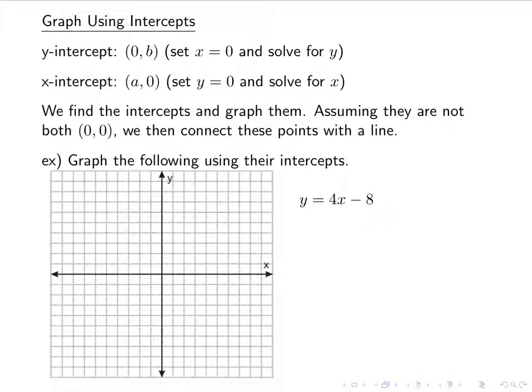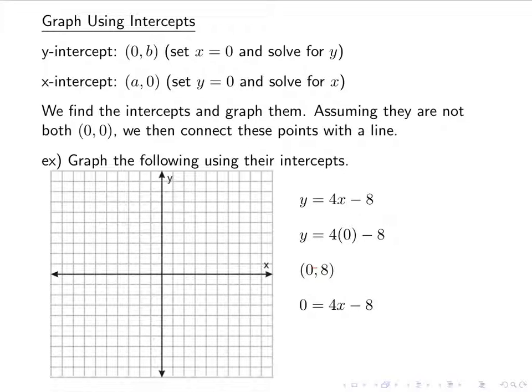So for our first example, we've got y equals 4x minus 8. I plug in x is 0, and I get out that y is negative 8. Keep putting that negative sign back there. So this is my y-intercept, 0, negative 8.